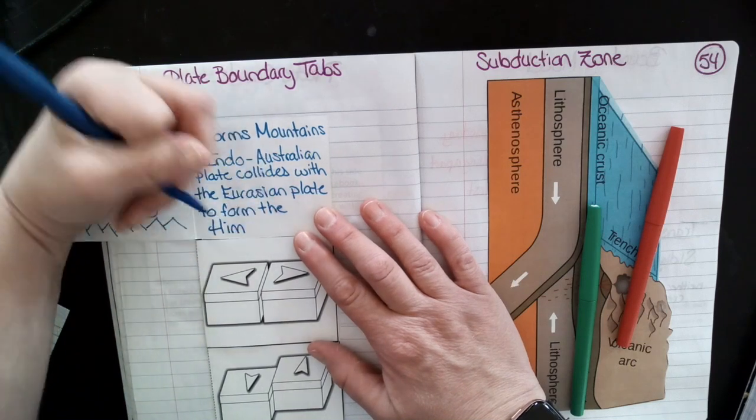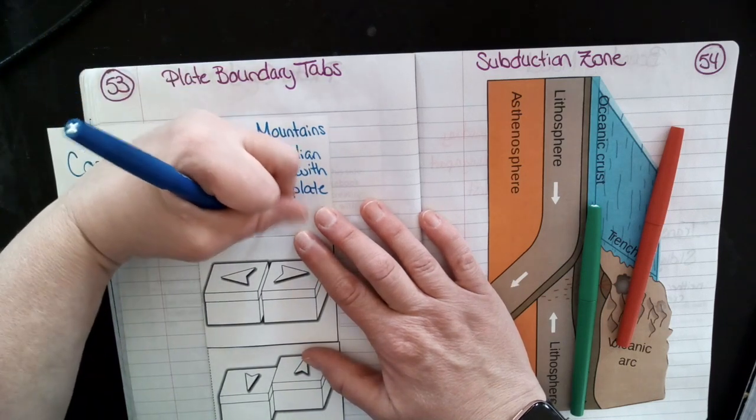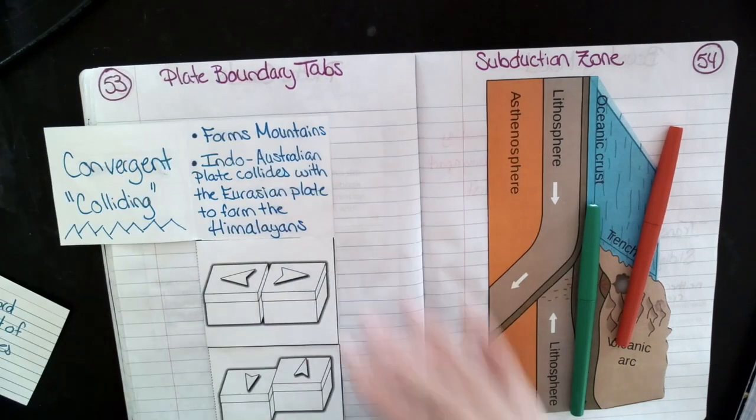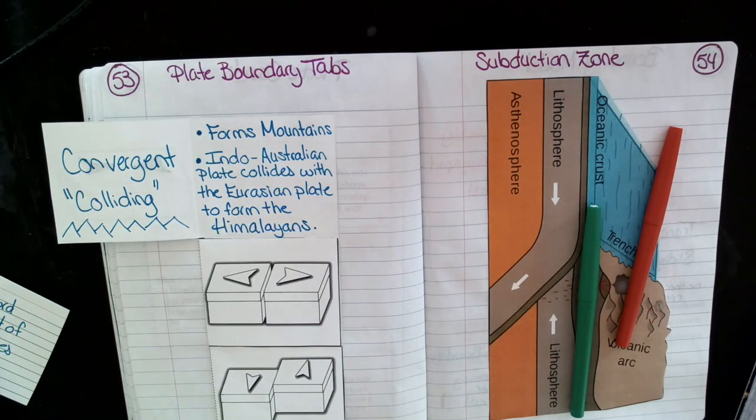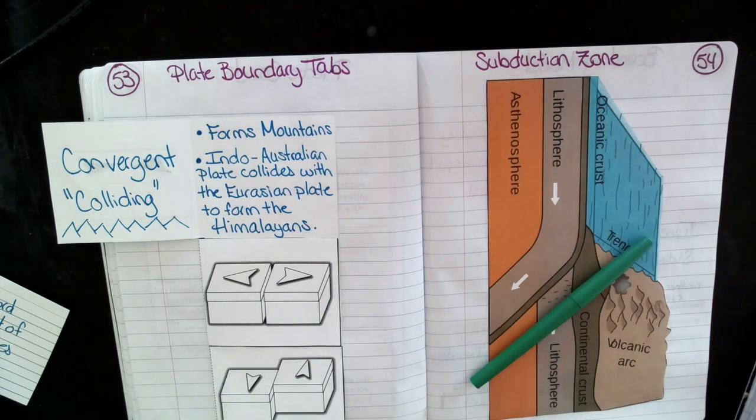Cascade Range is also formed that way, and those are all those volcanoes that are in Oregon, California, and Washington.